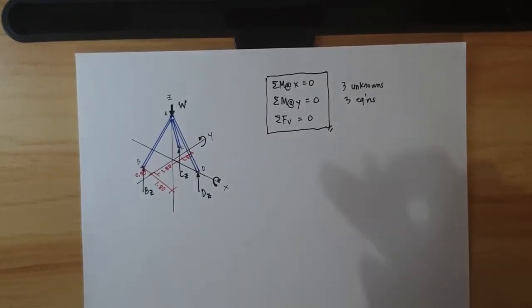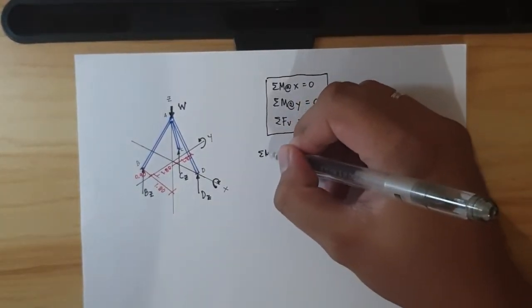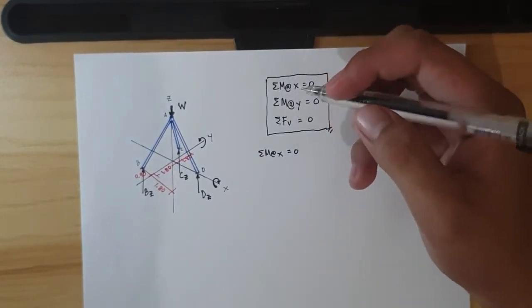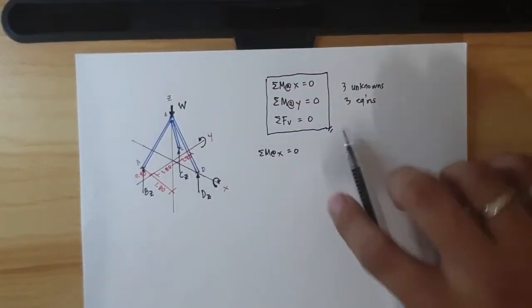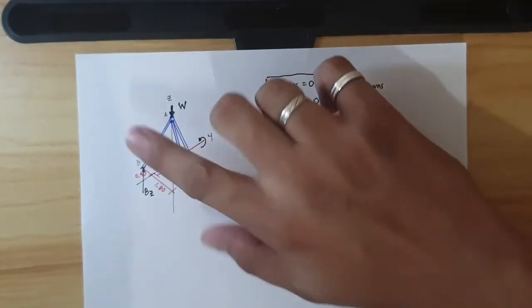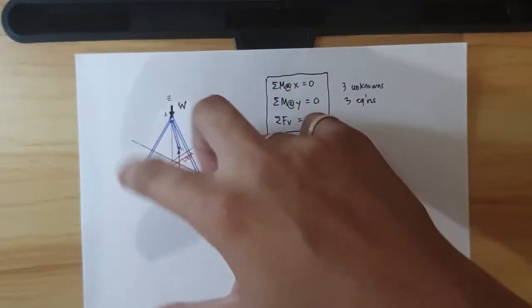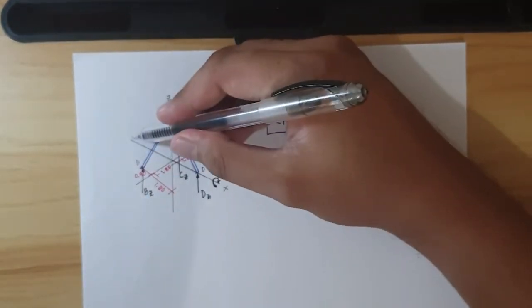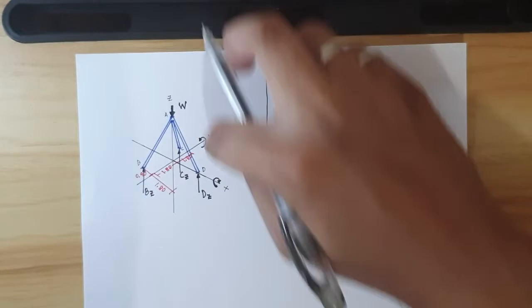So we start with summation of moments at x equal to 0. Here at x, we sum up all the forces that rotate about x. So which forces rotate about x?